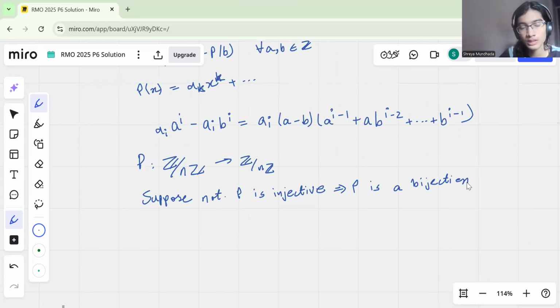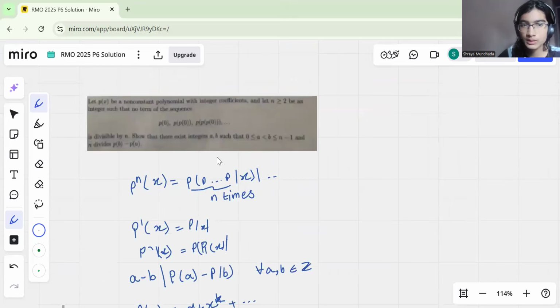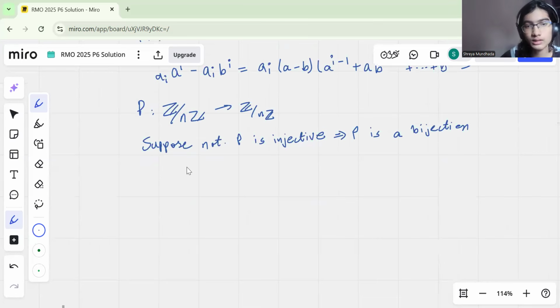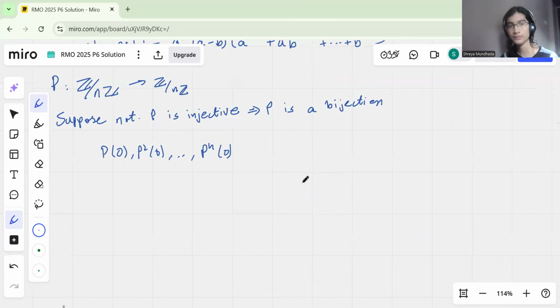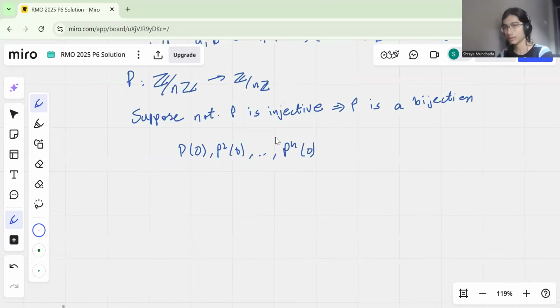Okay, so in this case, we're claiming that there will be a term which is divisible by n. In fact, that term will be p of 0, p squared of 0, and so on, not after p to the n of 0. So here's the argument.